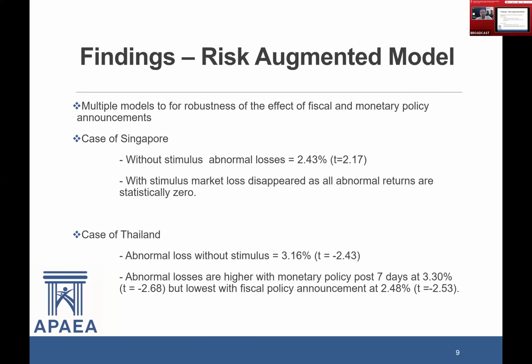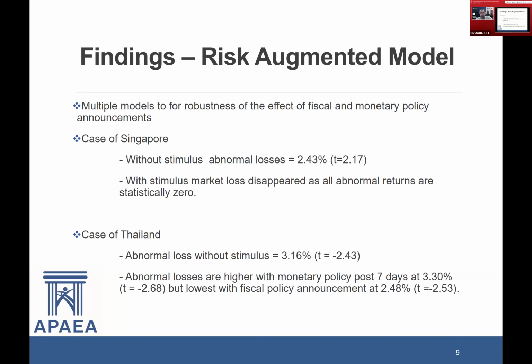In the case of Singapore, what we found was that without stimulus, the abnormal losses were 2.43%. But with stimulus, the market losses seem to have disappeared, as all abnormal returns are statistically zero. And that was something which piqued our curiosity as well. In the case of Thailand, the abnormal losses without stimulus stand at 3.16%.